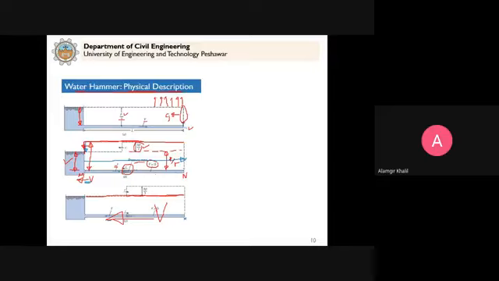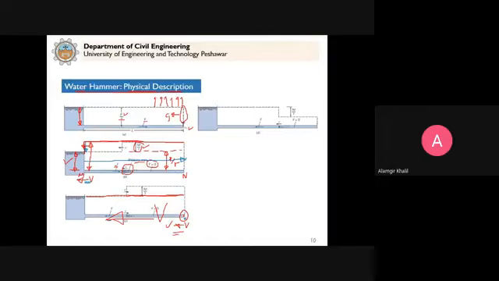Clear? So when this happens, the velocity is in this direction. Now when the velocity is in this direction, it is reverse at the valve. Clear? It is reverse. So what will happen?